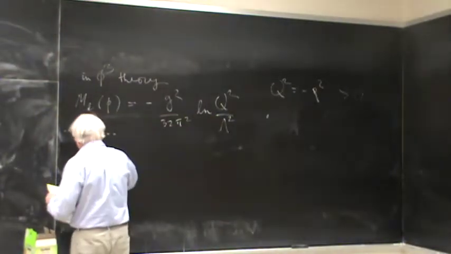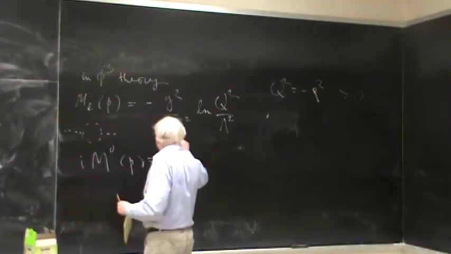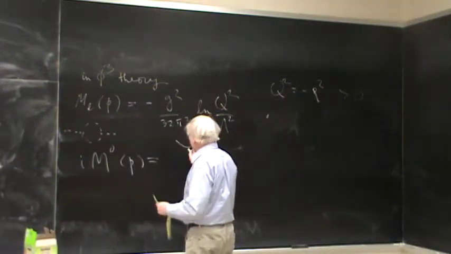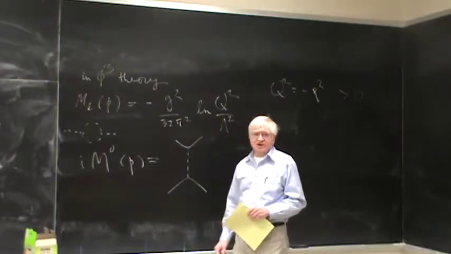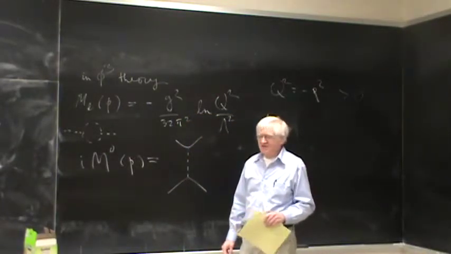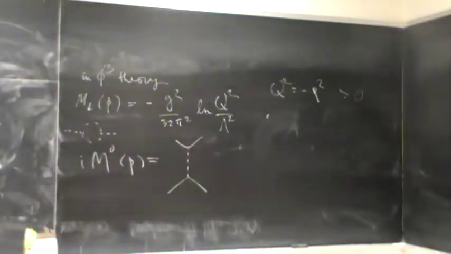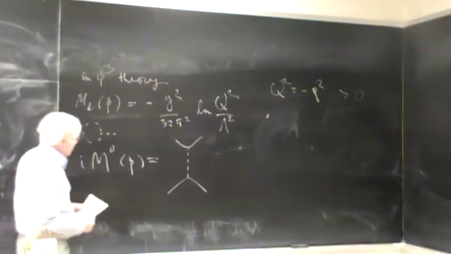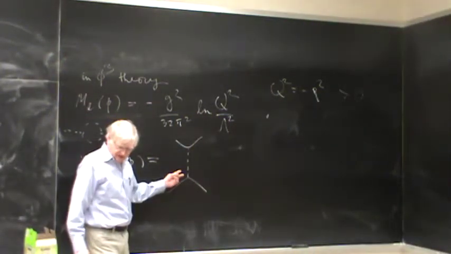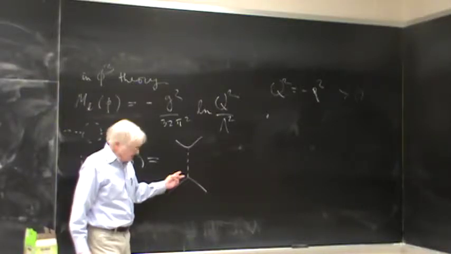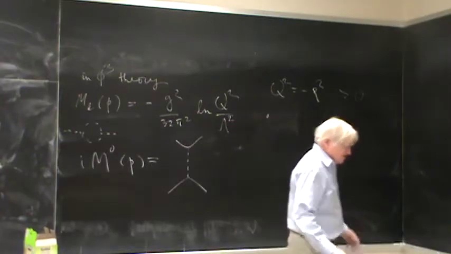Anyway, the lowest order amplitude for some process might be this. We're looking at a T-channel scattering, and in fact, one of the things that we're going to be working toward is the change in the amplitude due to the exchange of a photon.